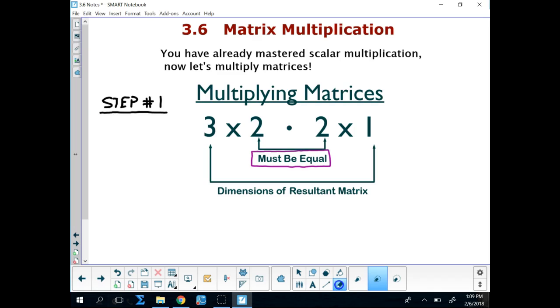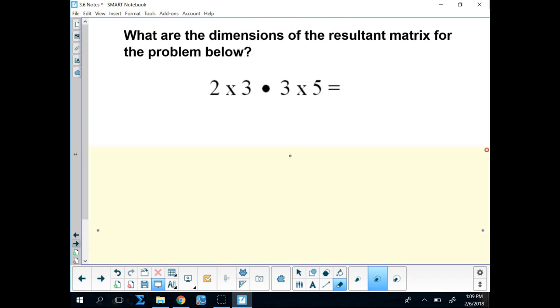Numbers have to be equal. So you do that first every single time. So I ask the question, can I multiply those two matrices? Middle two numbers are the same. So my resultant matrix would have dimensions of what? 2 by 5.